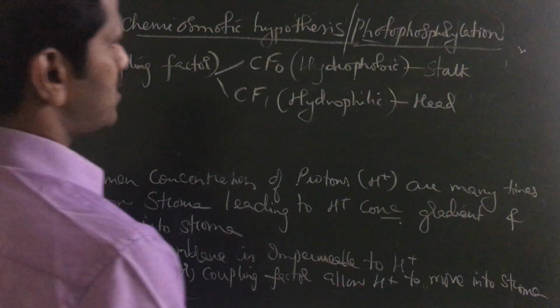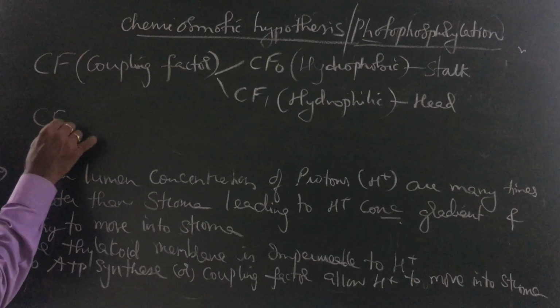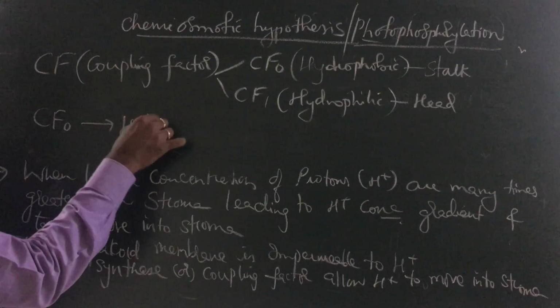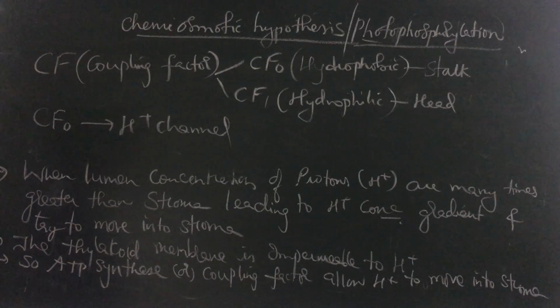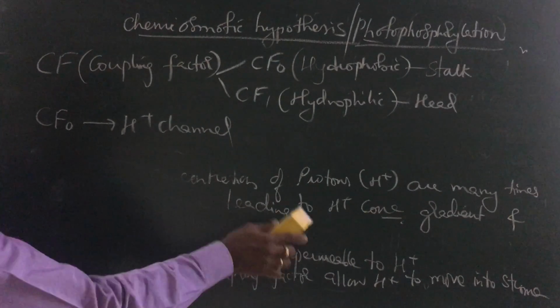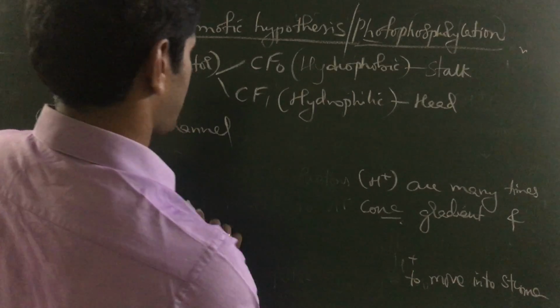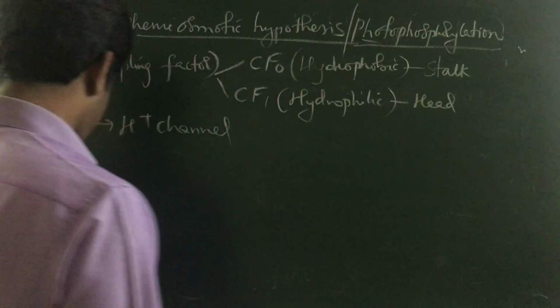So CF0 is the proton channel embedded in the membrane. CF0 is a proton channel that is present in the thylakoid membrane. Okay.